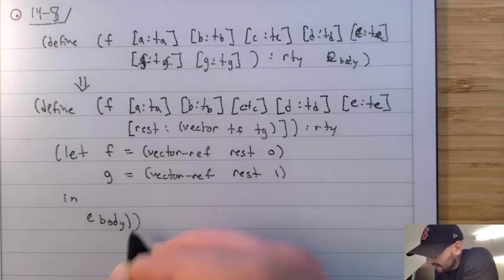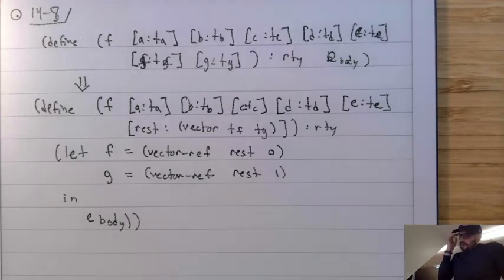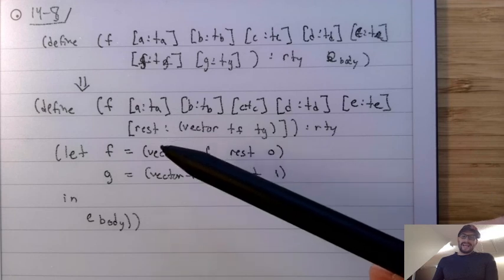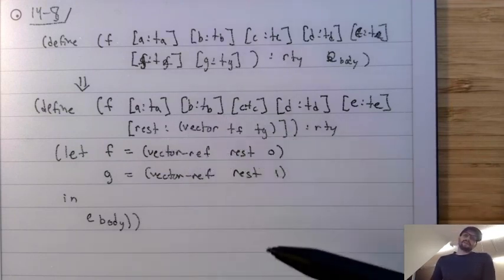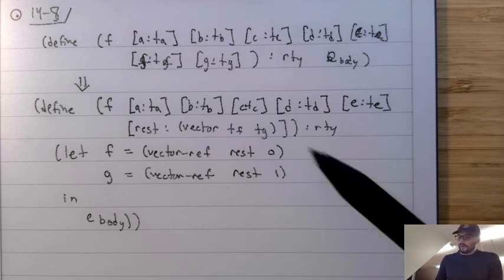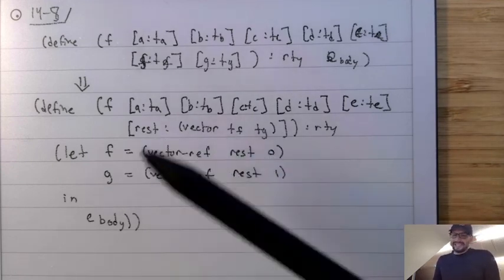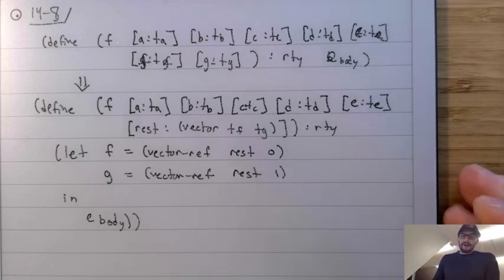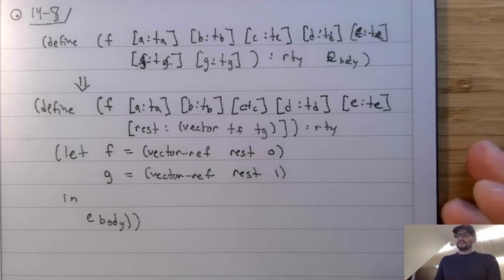Close the let, close the define. So what we did is we took all of the functions, we found all the arguments after the 6th one, and we wrapped them in a vector. Now, it's really easy to write this program in a dumb way where you accidentally make it so that if there's exactly 6 arguments, you turn that into a vector. So don't do that. Only have it apply if there's more than 6. Okay, but now that was just step 1, modifying the function definitions.